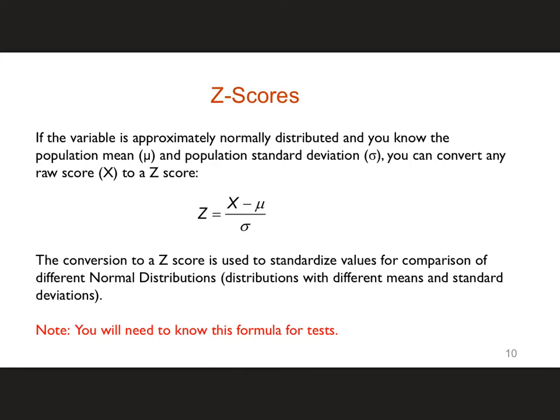So in this case, to calculate the z-score, we use this formula, and I highly recommend that you know this formula for your test. Alright, so over here, x represents the raw value, mu is the mean, and sigma is the standard deviation. Okay, so let's see how we can work with that.